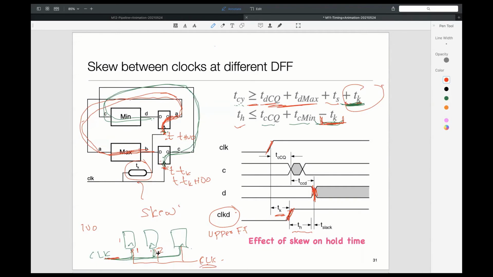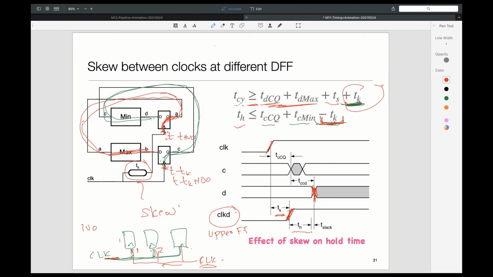Now flip-flop 2 will see it first because the clock signal will travel this way, and then reach 1. So by appropriately positioning how I wire up, right? If you start from the clock source, those flip-flops which are closer to you along the wire will see the clock edge first, and those farther away will see the clock edge later. So I have some degree of control at wiring time, right?